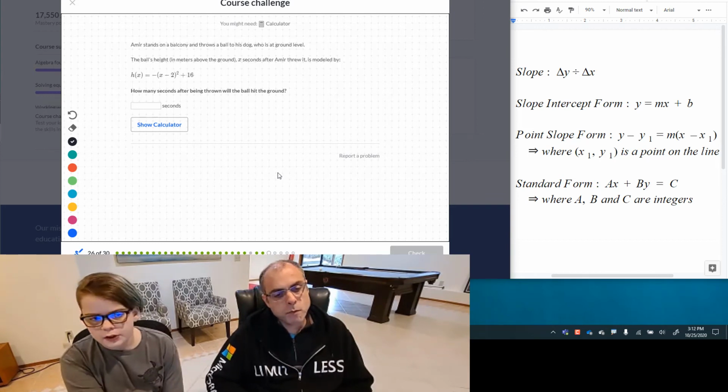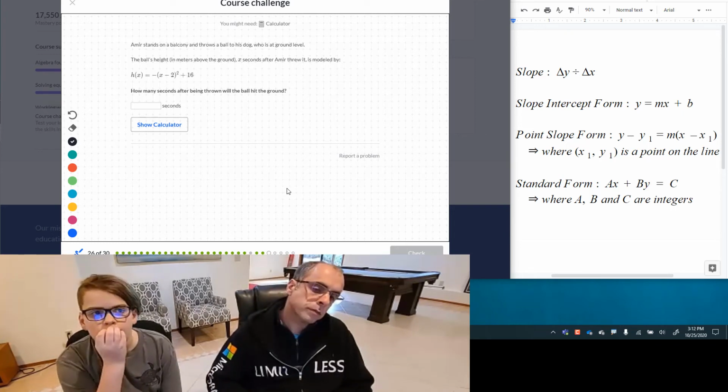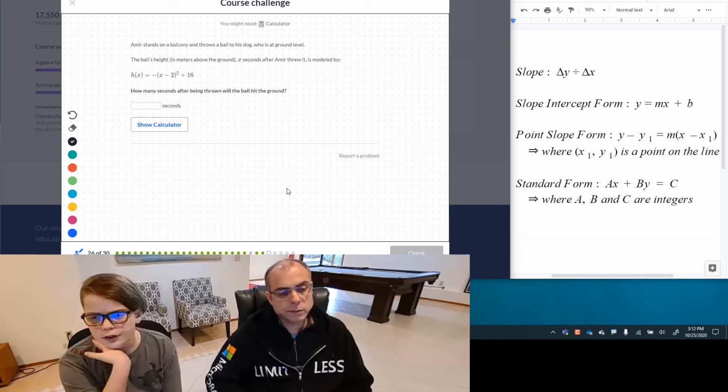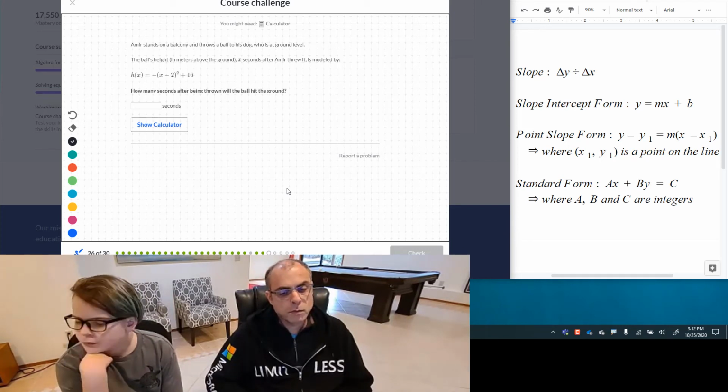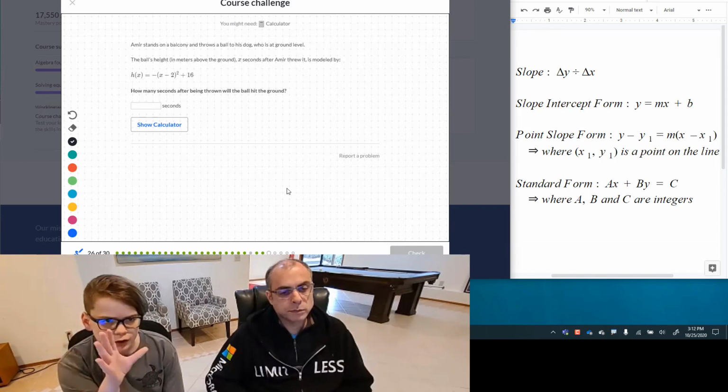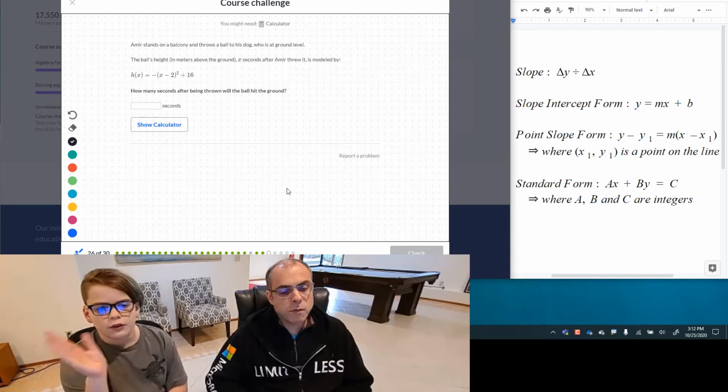So it's basically the larger x of the... do we need the x of the vertex and the larger x-intercept?